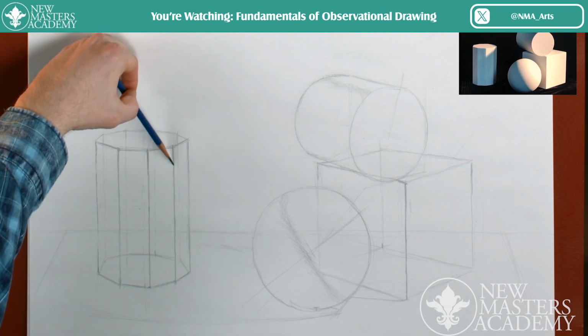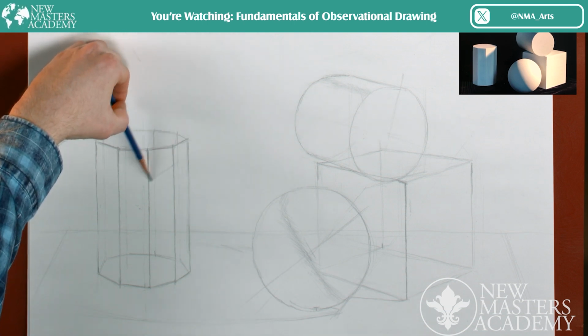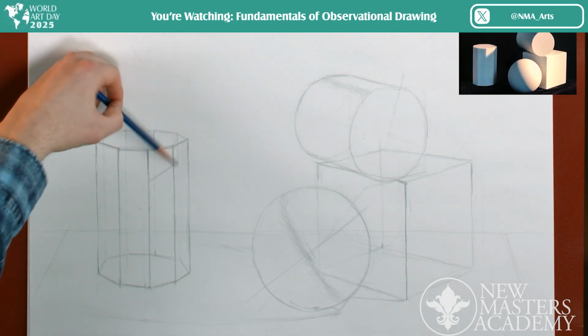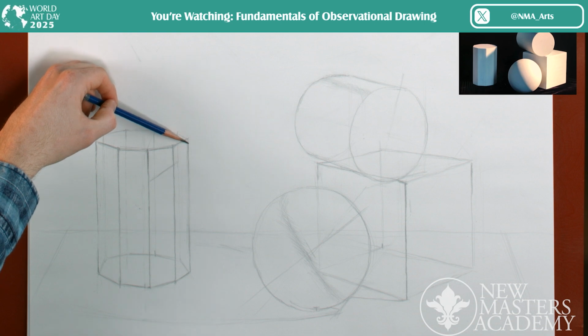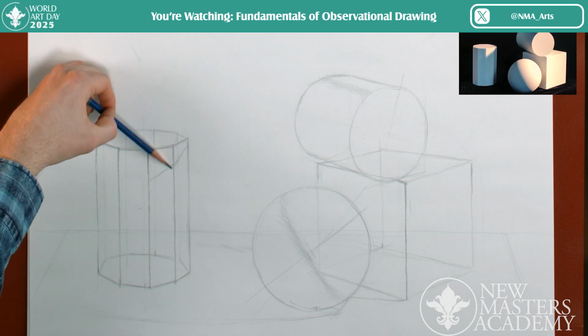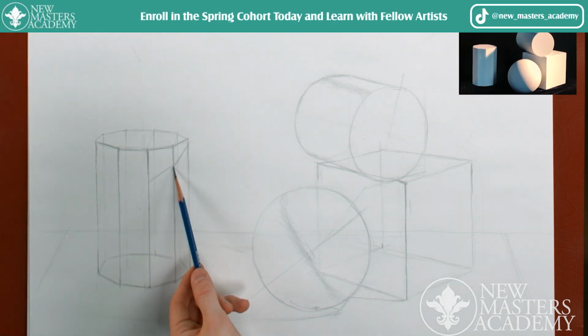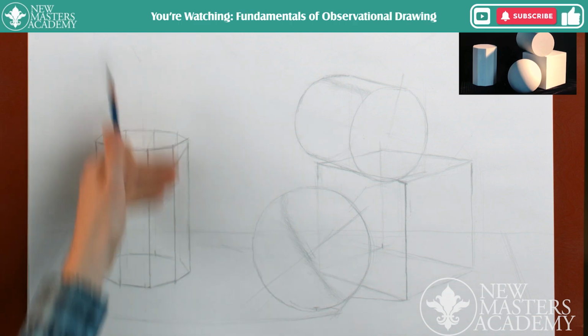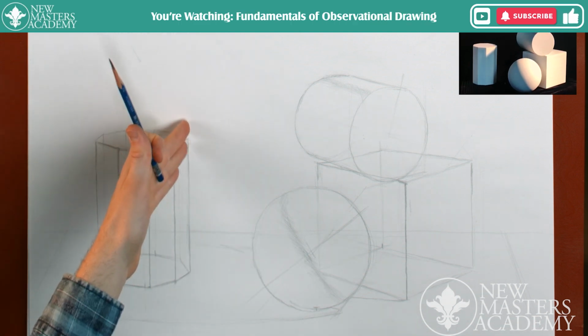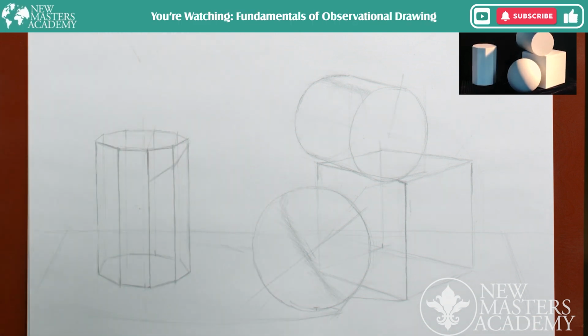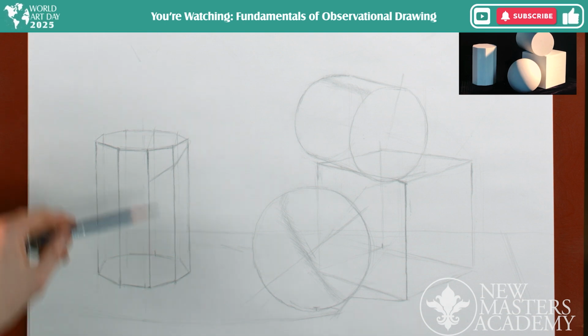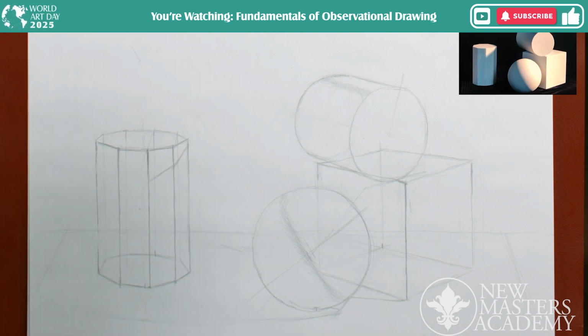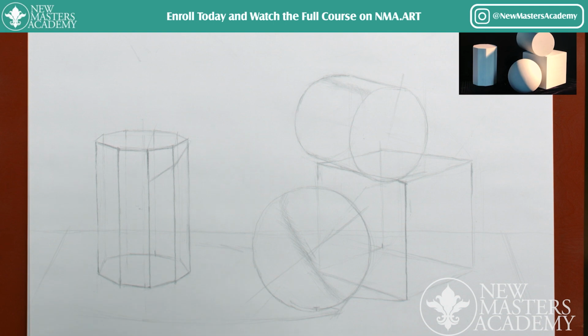So in this case, it's particularly important to get that line of the cast shadow and see how the angles on it are changing depending on the surface that they're on. And this will be extremely important because you'll be able to use cast shadows in order to describe the structure of a form.